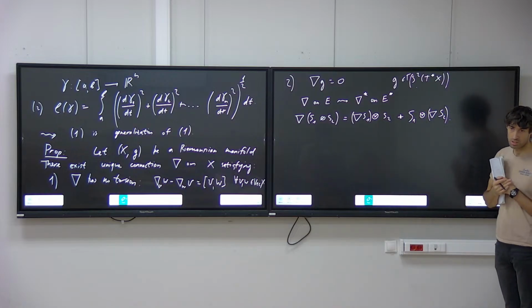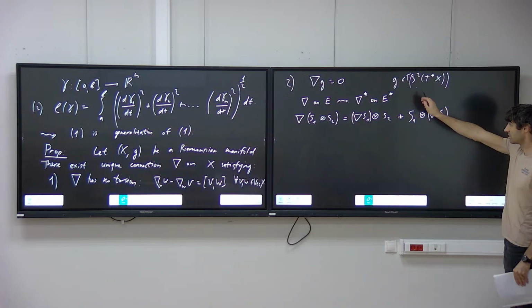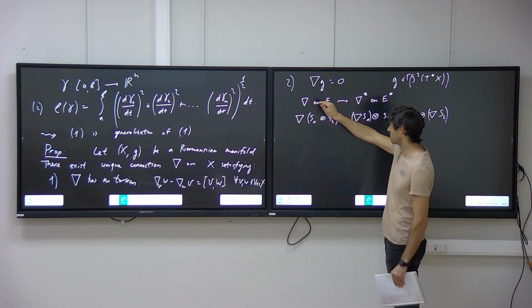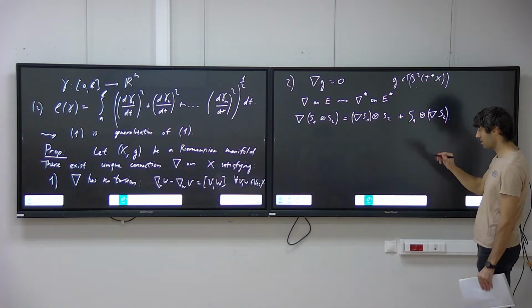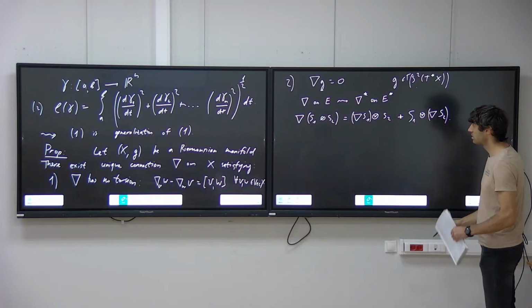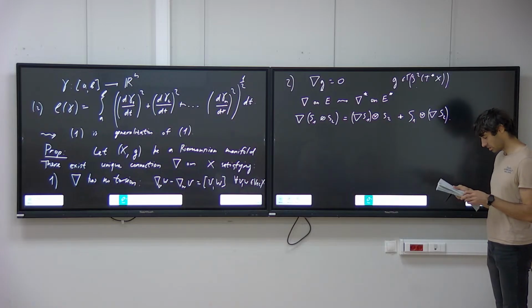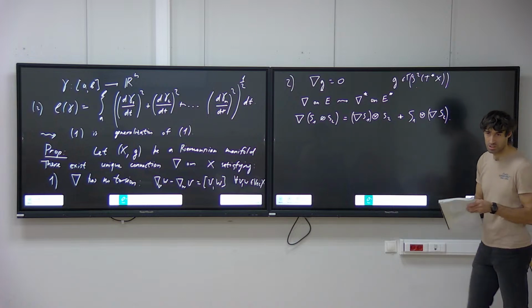That's just the definition. So therefore, this makes sense now to write like this after we discussed it. And so this is a condition. We will see in more detail what this means, because we need to prove this proposition.